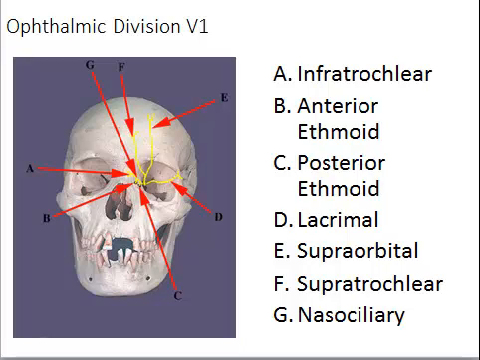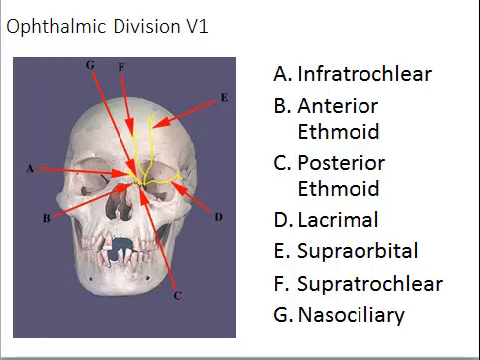So here are all the individual, the smallest of the small branches of the ophthalmic division. We have the infratrochlear, the anterior ethmoid, the posterior ethmoid, the lacrimal, the supraorbital, the supratrochlear, and the nasociliary. So E and F, the supraorbital and the supratrochlear, are divisions of the frontal branch.